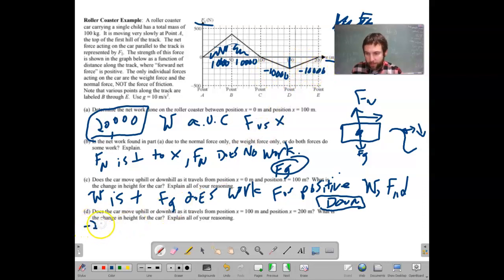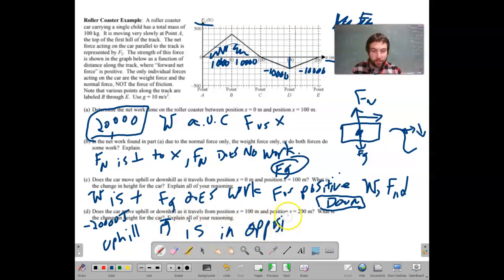So we have negative 20,000 joules of energy. Based on our explanation for the previous one, we know we're going uphill because gravity is in the opposite direction of displacement, or the angle between the two is 180 degrees. I think there's more to this question, isn't there?